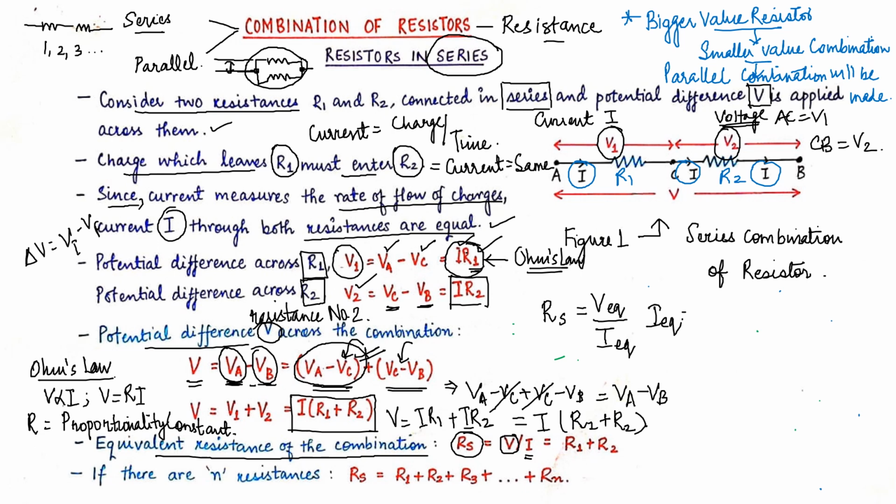Current of the combination equals I, whereas potential of the combination equals VA minus VB, which equals IR1 minus IR2. And as we are adding it up, this will be plus. So we will get I into R1 plus R2. So this is V equivalent.